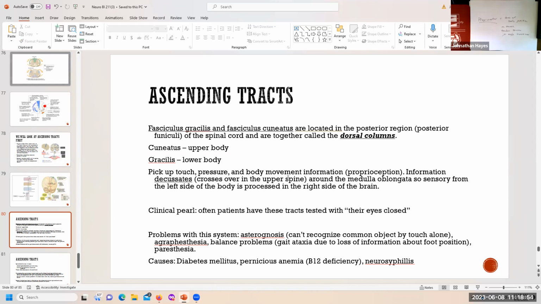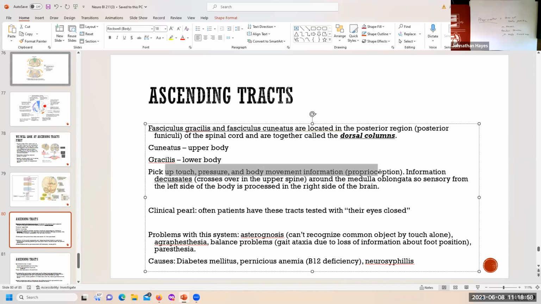If dorsal columns is supposed to pick up touch, pressure, and proprioception, but I have a lesion on dorsal columns, guess what? I'm going to lose the ability to pick up touch, pressure, and proprioception. That manifests in things like astereognosis, agraphesthesia, which means I can't feel drawing on the skin, and balance problems. They'll be looking at the feet, stomping the feet because they can't feel when the bottom of the foot is hitting.